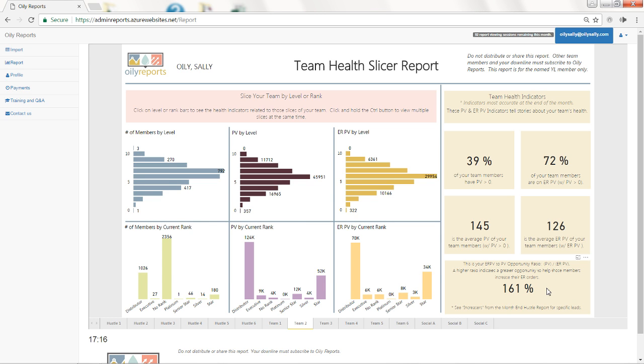Generally, the higher that ratio is, the greater opportunity you have to help more members increase their ER orders. So when you have 161, you can set a goal to say, I want to get this to 150. And the way you decrease it is by getting those members to switch what is not on ER onto ER, and that will push this ratio down.